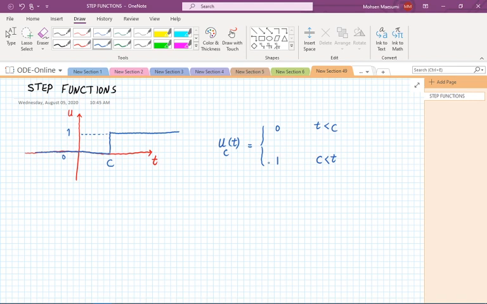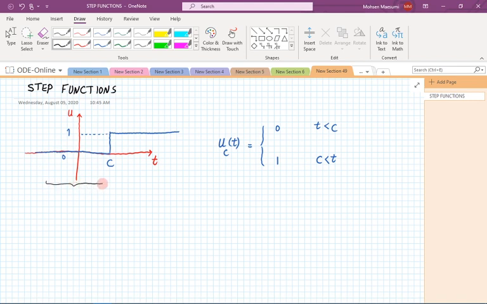It's a rather peculiar function to have an entire section devoted to itself, but you can sense that it's very important because it resembles the action of a switch. If you have a light switch that is in the off position, and at a certain time you decide to turn on the light, then the function that's going to model that kind of behavior will look like this.